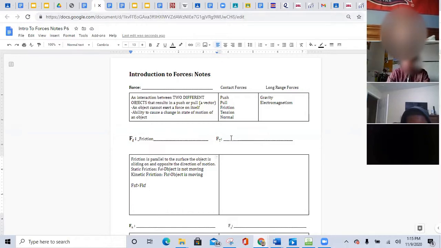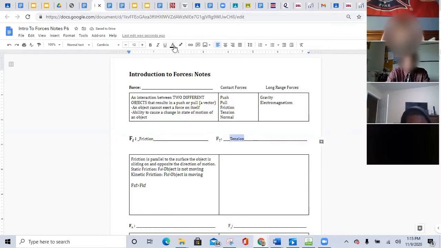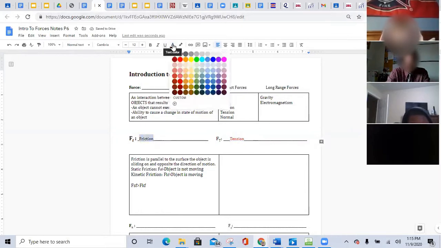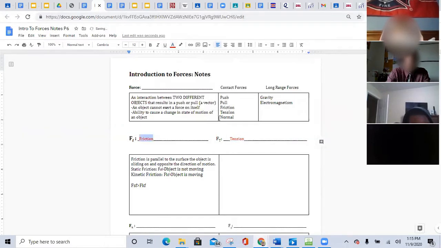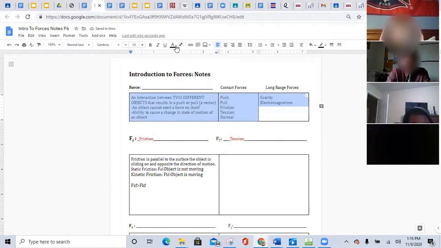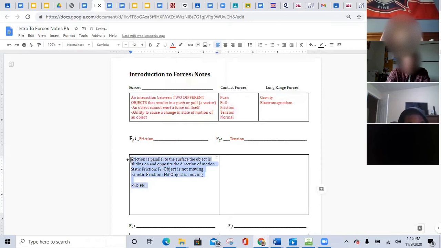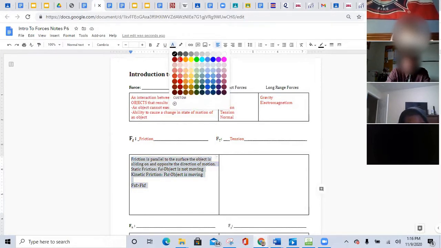The next one, FT, is tension. Maybe I'll even make it red so everybody can see it better. Make all of these nice red. So these are force of tension is a force along a string-like object.